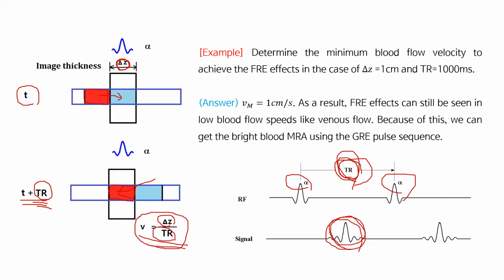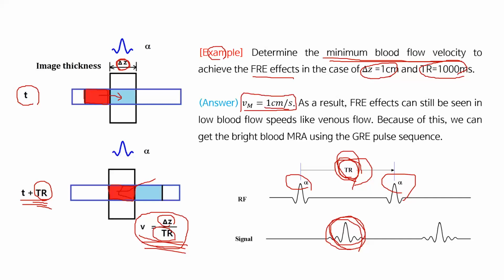Let's see the example. Determine the minimum blood flow velocity to achieve the FRE effect in case of an image thickness of 1 centimeter and TR of 1000 millisecond. So using this equation, we can get the blood velocity to give the FRE effect.